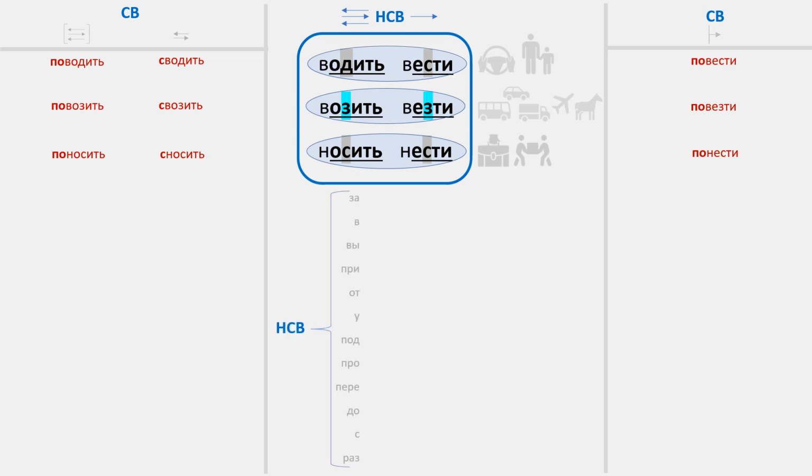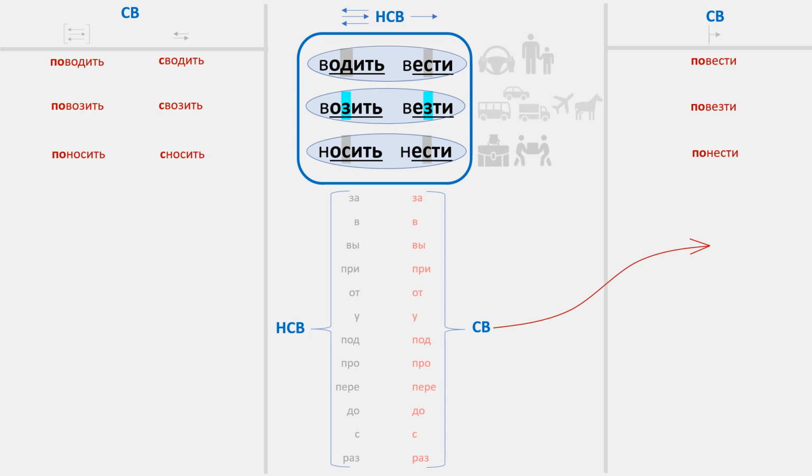Multidirectional verbs with prefixes form new imperfective, new NSV verbs, while the unidirectional verbs with prefixes form their perfective, their SV forms. These perfective forms are also the SV, the perfective forms of the base unidirectional verbs вести, везти, and нести.